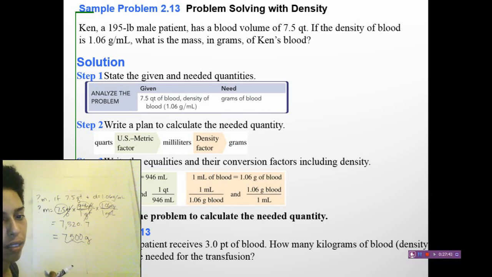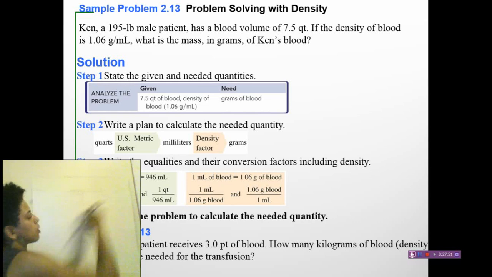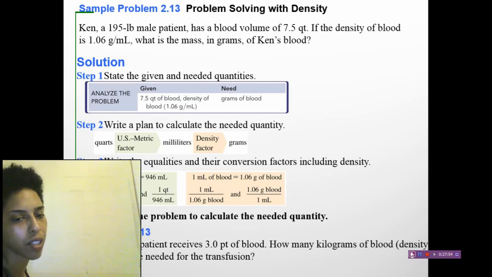Did everybody get this? All right. Okay, the next problem says during surgery, a patient receives 3 pints of blood. How many kilograms of blood were needed for transfusion if we're given the density, which is 1.06 grams per milliliter? Well, we're using the same density, but now we want to know pints, right?